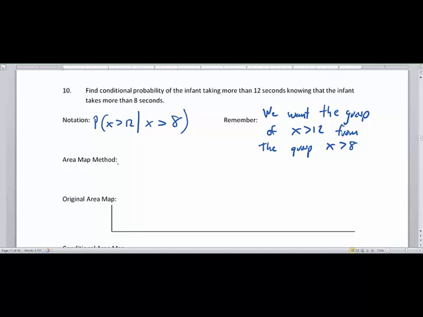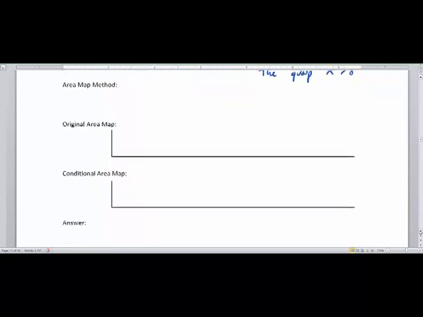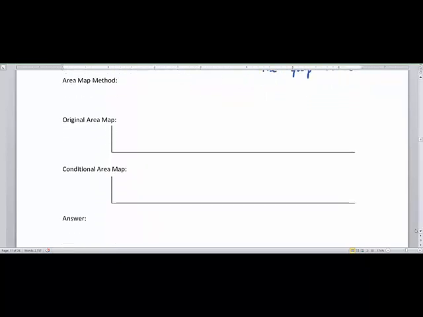I'm going to teach you two different ways to do this. I will tell you straight up that it is probably easier to do the area map method than the mathematical method, which I will show you at the bottom of this worksheet. The area map method deals with the original area map, and that was from 0 to 23 seconds.